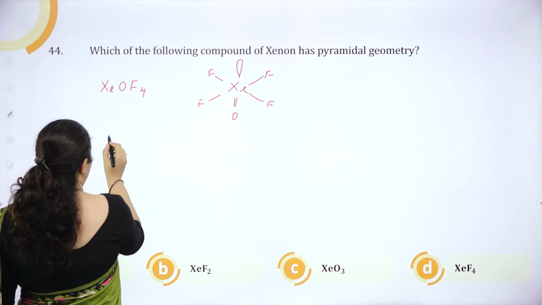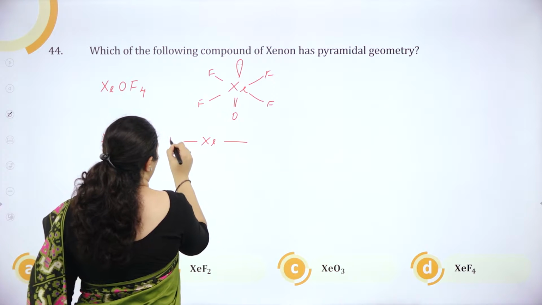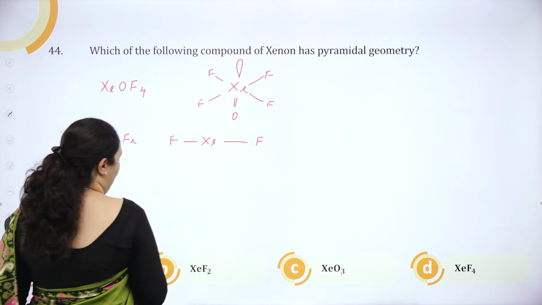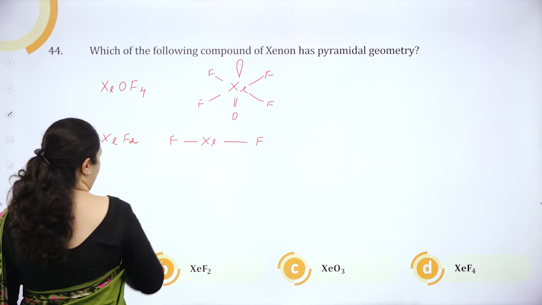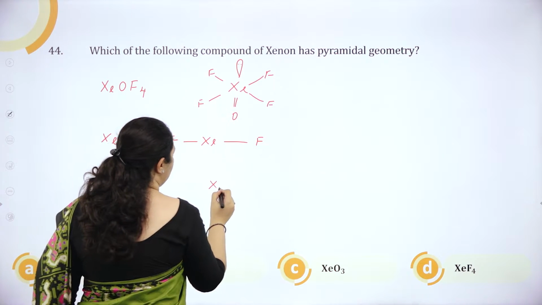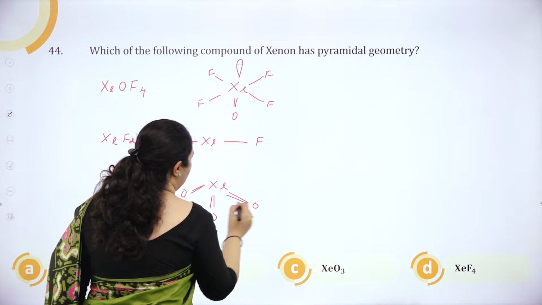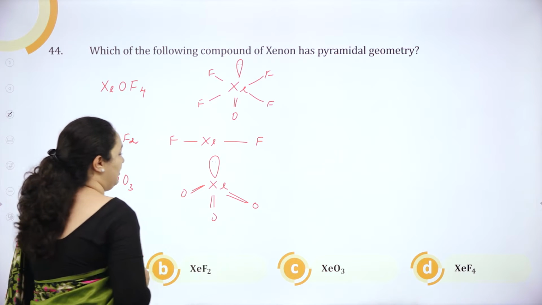The next option is XeF2. This is linear structure. Then we have XeO3. This is the one actually which is pyramidal. That is, it has got this structure with lone pair of electrons.